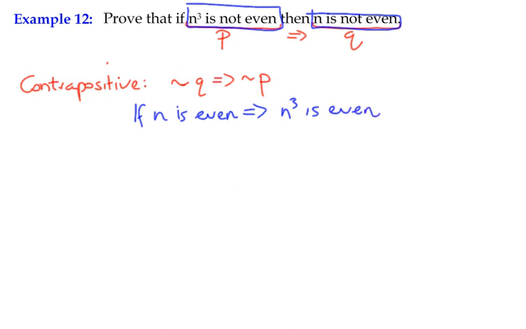Okay, so now we have a conjecture which is the contrapositive. We've got not Q implies not P. We want to see if we can demonstrate that to be true. So if n is even, then we're going to define, we'll say let n equal 2k for some integer k.